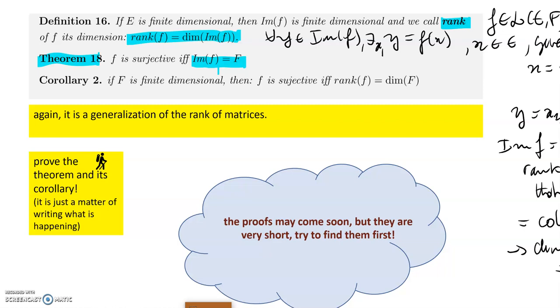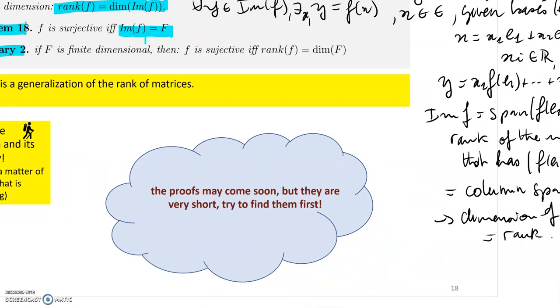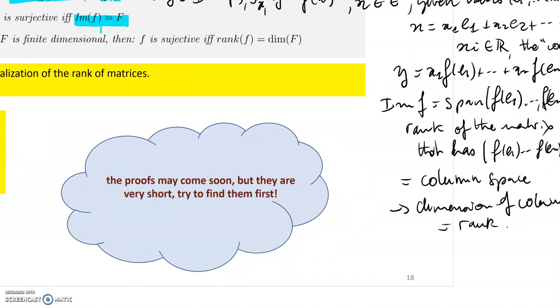And the other way around, the direct implication, actually it's just the definition. Now let's have a look at this corollary. If F is finite dimensional, then f is surjective if and only if the rank of f is equal to the dimension of F. Okay, so that's actually very simple.